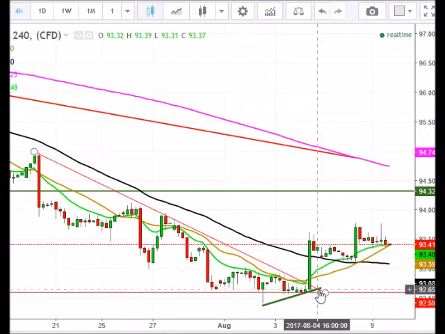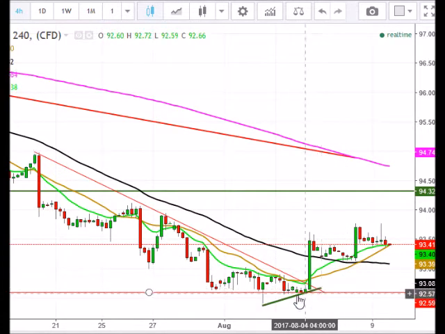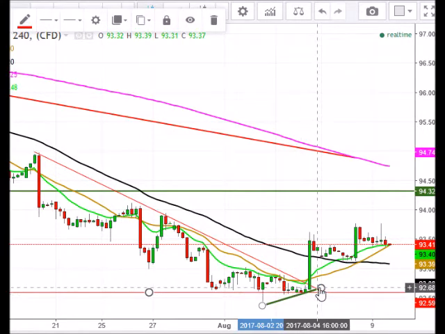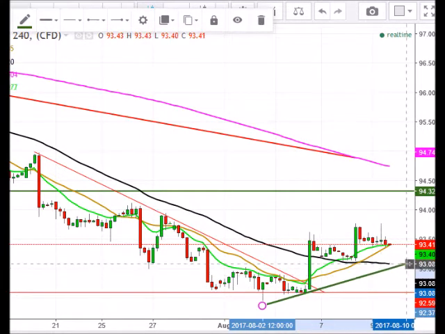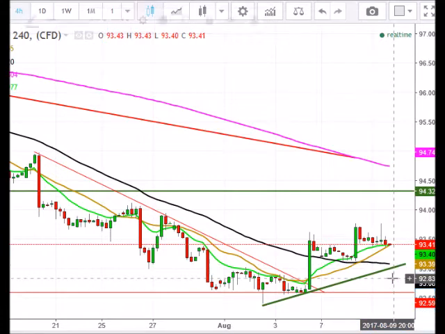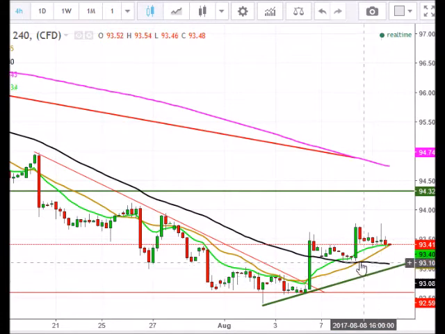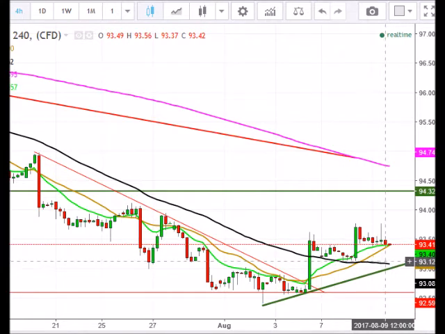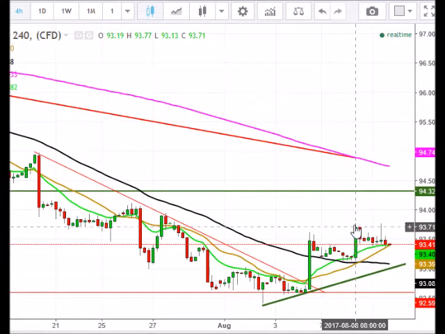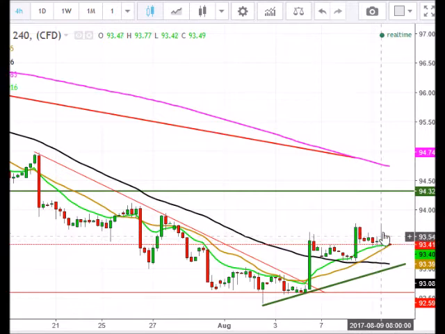So we didn't come below here to test this trend line here, which I'll extend a little bit just for purposes of visualization. You can see here that we are again maintaining this 50 period simple moving average as support. We did have an attempt to push higher, again here to around 93.75, and that level has proven to be a little bit difficult to get above.